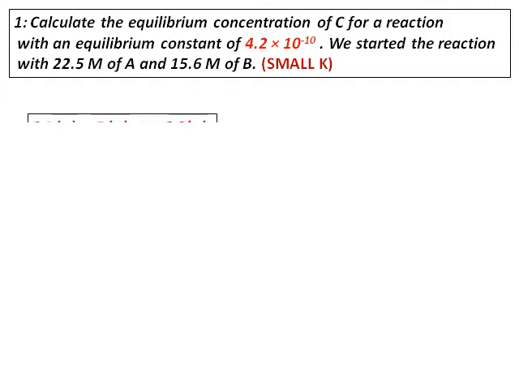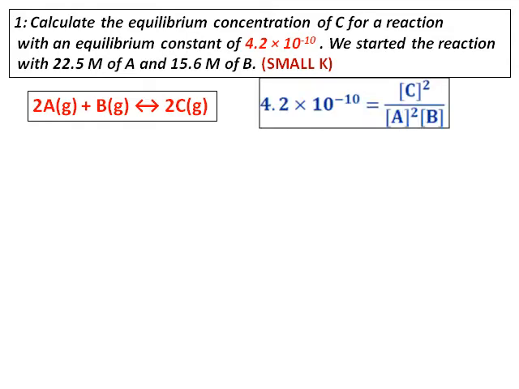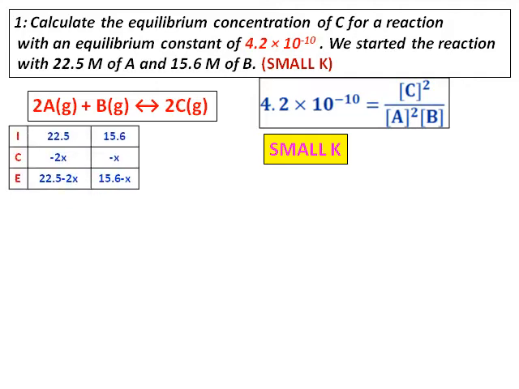The equation given is 2A plus B giving you 2C, and the equilibrium constant expression is 4.2 times 10 to the power of negative 10 equals C squared divided by A squared B. Please make a note that this is a small k. Using the ICE technique, with the initial concentrations of 22.5 and 15.6, calculate the equilibrium concentrations of A, B and C. Substitute them into the equation.